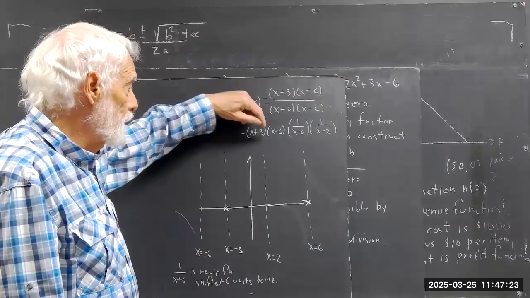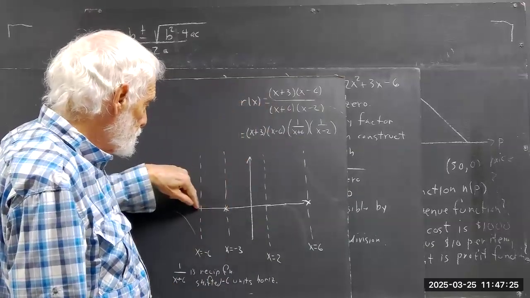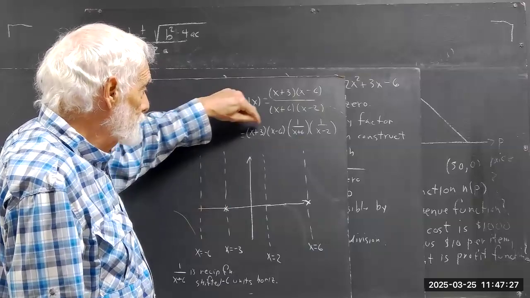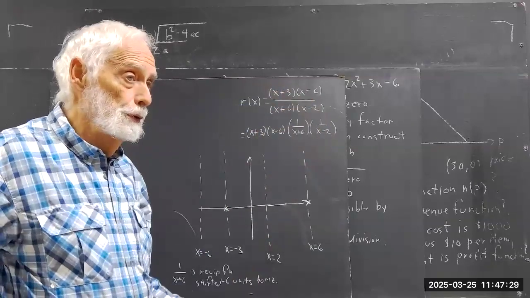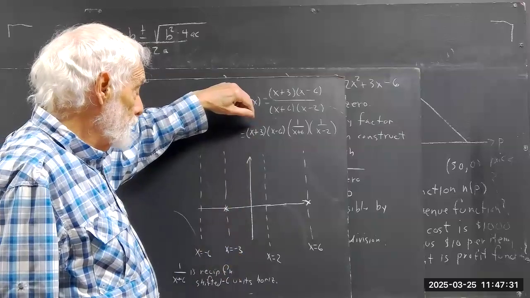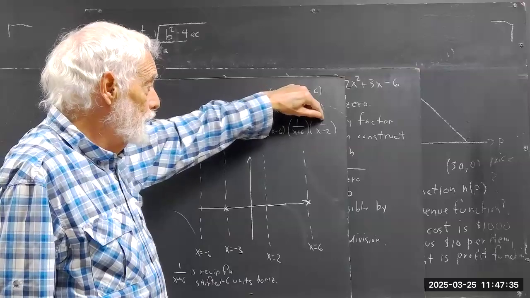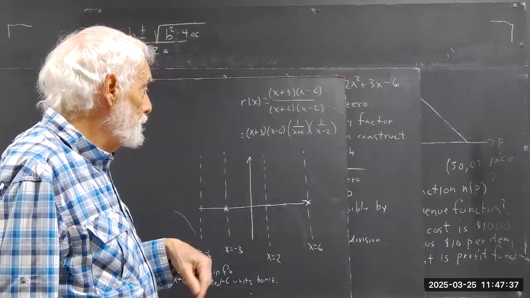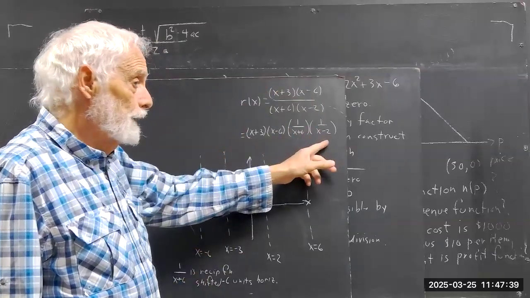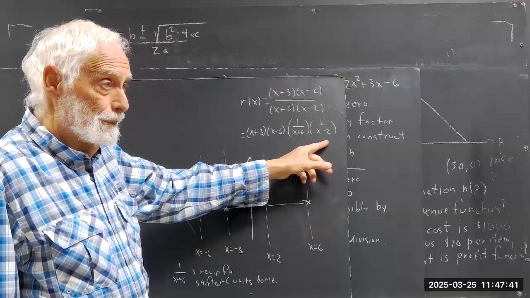Now my point is, if x equals -6, this times this times this is equal to what? This is negative, this is negative, and this is negative. It's going to give us -4.5.